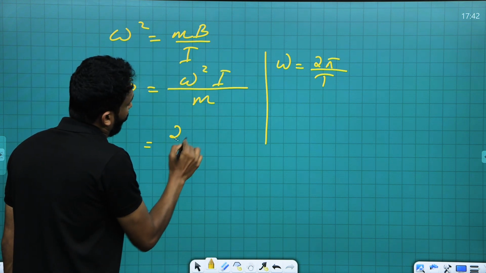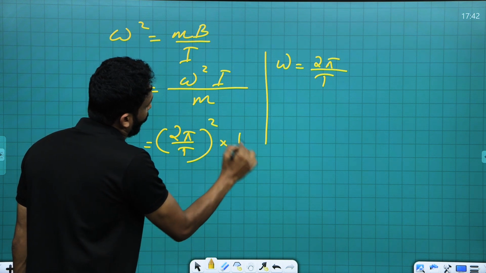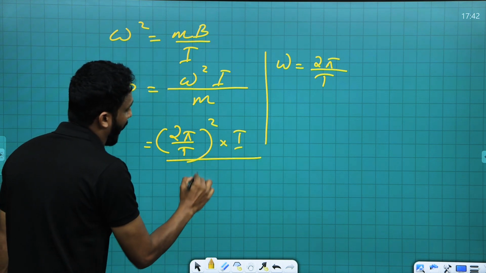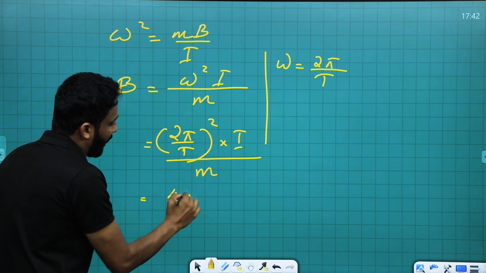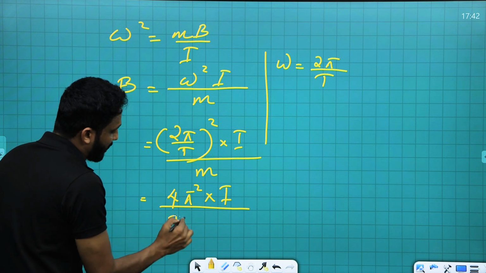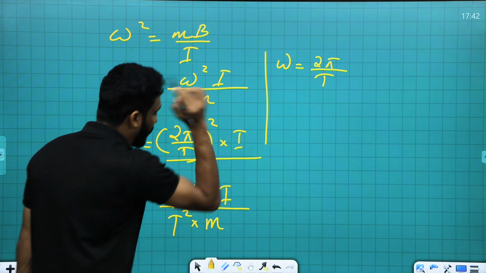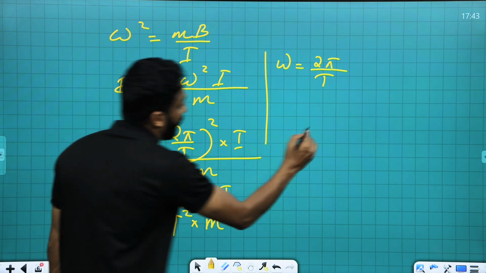So it is 2 pi divided by time period, its square, into moment of inertia divided by magnetic dipole moment. That is 4 pi square into I divided by T square into magnetic dipole moment. Now we can put the values here.